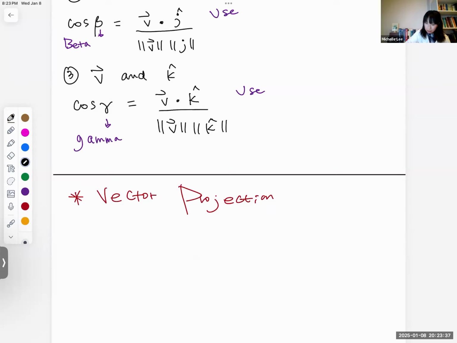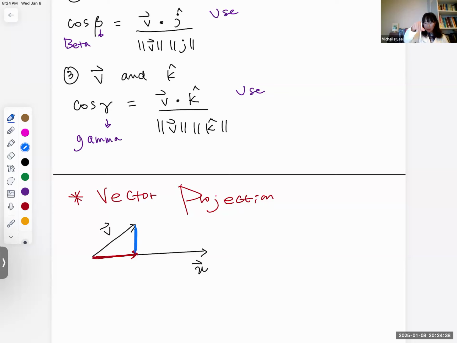So we have a vector V here, and then we have a vector U. The vector V, we project onto U, from here to here. Let me do that again.